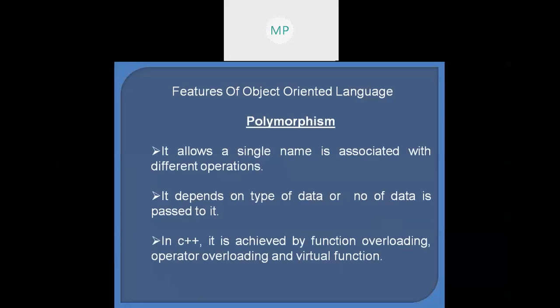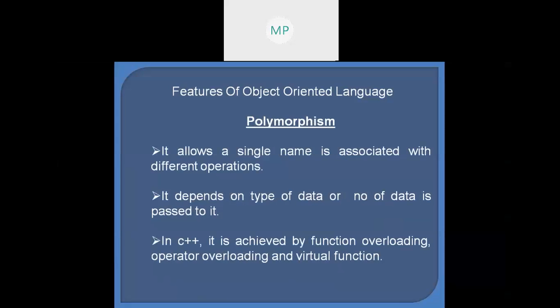The next characteristic is polymorphism. It allows a single name to be associated with different operations, depending upon the type of data or the number of data.